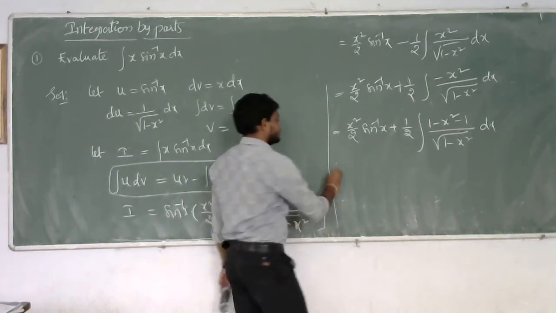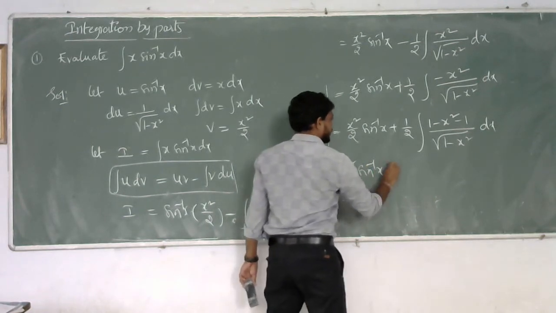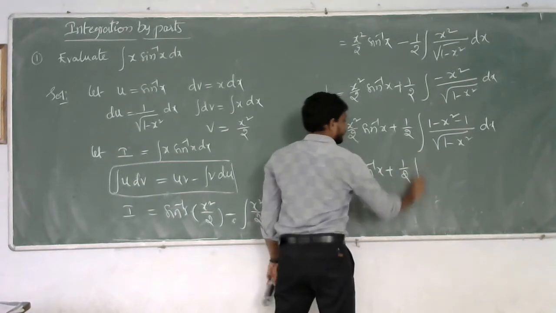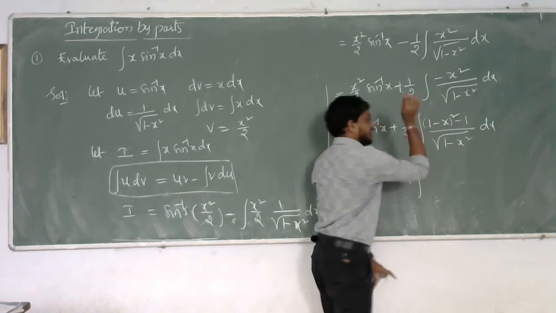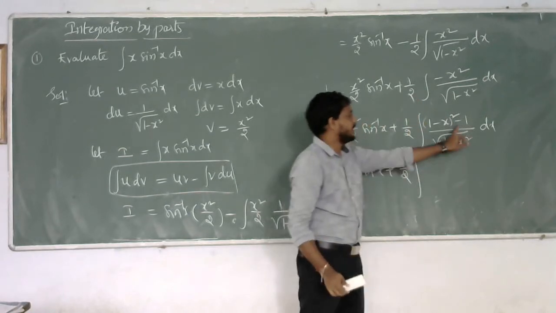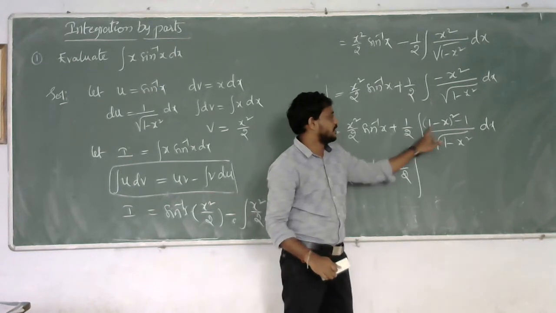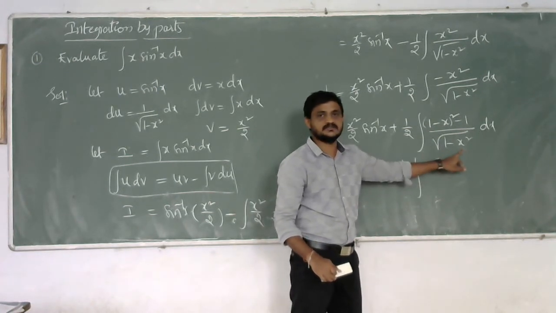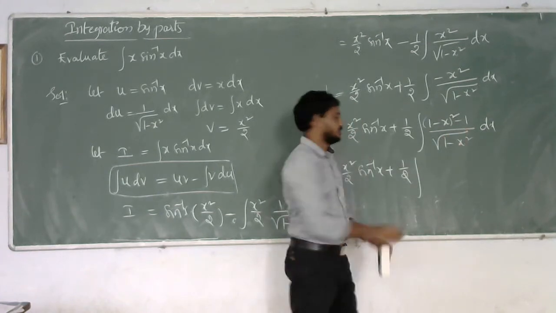Okay, next x square by 2 sin inverse of x plus 1 by 2 into integral. Let us consider this 1 minus x square as 1, then minus 1 as another 1. Then make it separate. This under root of 1 minus x square divides these two terms, right? So let us make it separate.